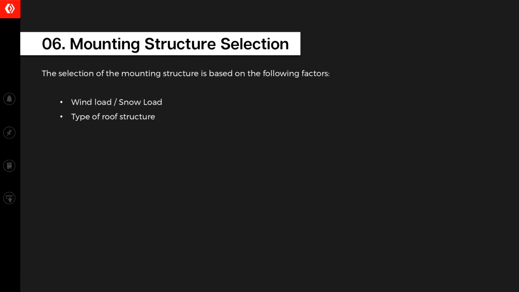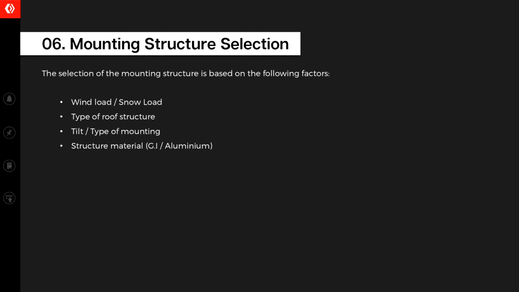The next factor is what is the type of mounting you are interested in, whether it's a fixed tilt system, a flush mount system, or any other system. The other factor that impacts the selection of mounting structure is the structure material. The module mounting structures for solar are basically divided into two types.